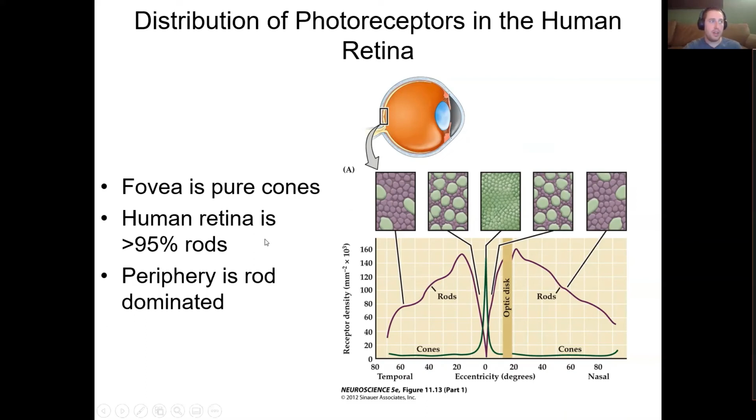Even though the human retina is actually 95% rod overall, there's just none of them in the fovea. So the periphery is very rod dominated. So here you can see, 0 being the fovea, the very center of the retina, a big spike in the number of cones with no rods. And then as you go out, you get many more rods and very few cones.